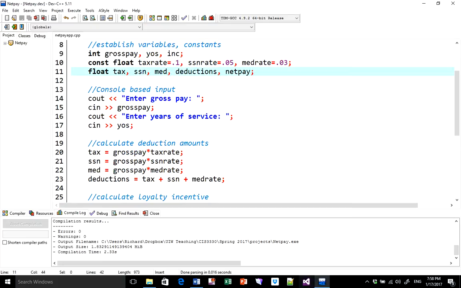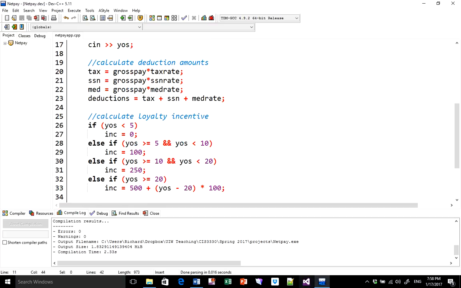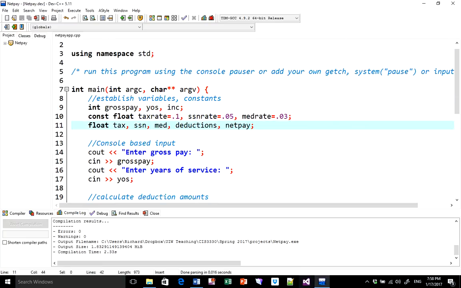Is my math correct? Wait, scroll down. Did you put a... wait, you did. Yeah, I got it right here. 0.1, 0.05, 0.03, right?